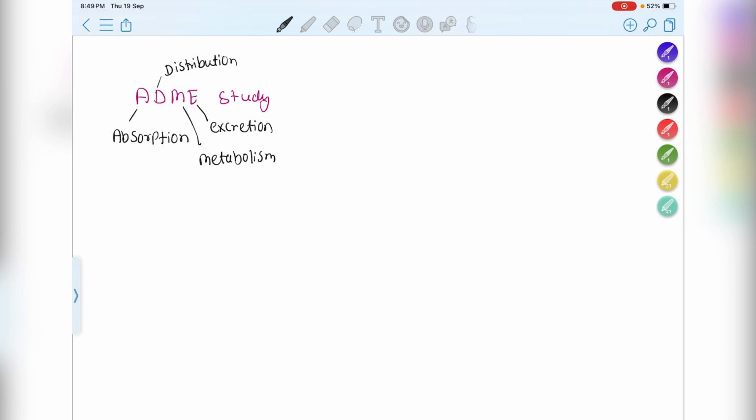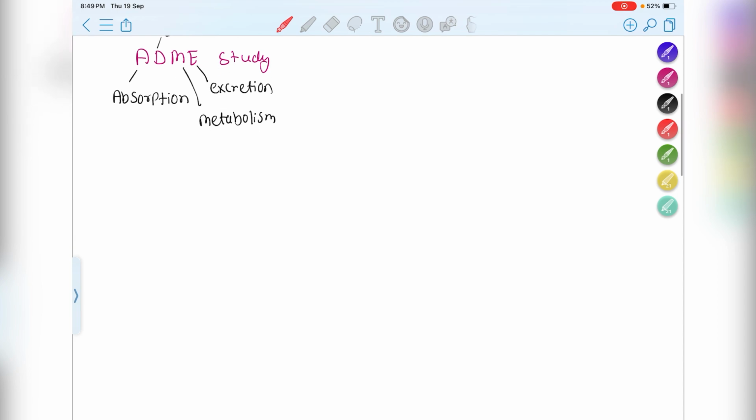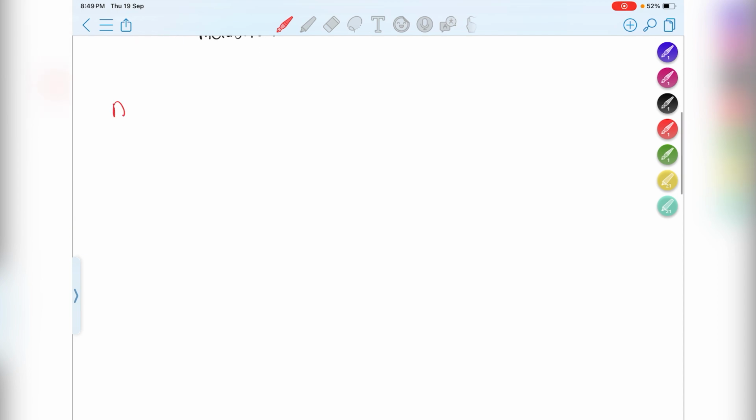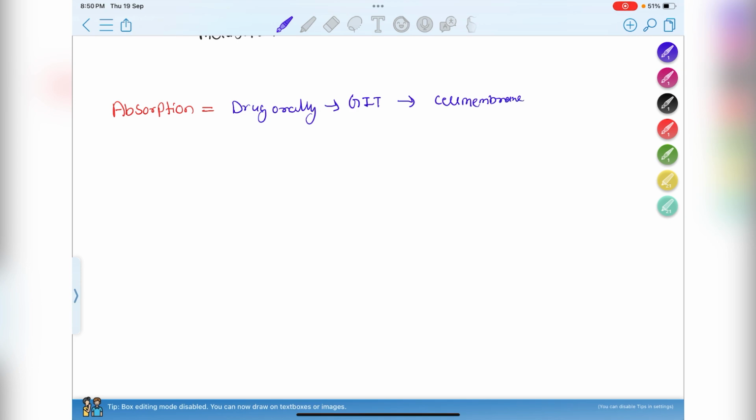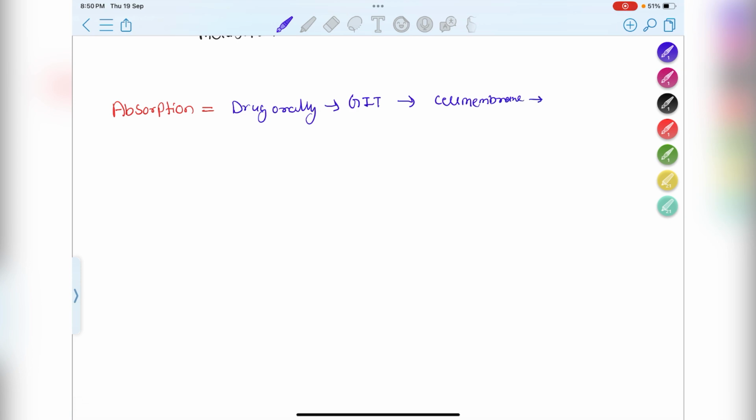So first we will take an overview of the things. In absorption, what happens mainly when we take a drug orally? After it goes into our gastrointestinal tract, like stomach, intestine, after that it crosses the cells, like the cell membrane, and after that it reaches the bloodstream.